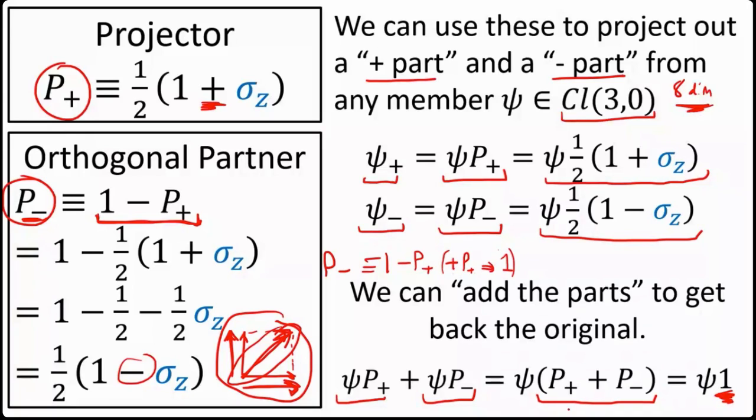This fact is by definition kind of trivial, but the important part is we can project out an element of the Clifford algebra and then put the parts back together to get the original.